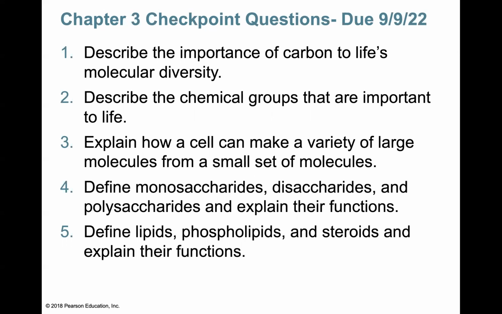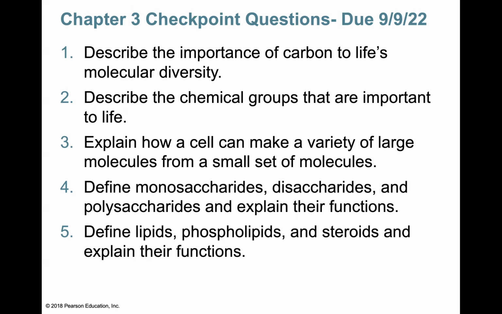Explain how a cell can make a variety of large molecules from small sets of molecules. We talked about the 4 classes of macromolecules and what their monomers were, or the building blocks for each of those classes. Define monosaccharide, disaccharide, and polysaccharide and explain their functions.